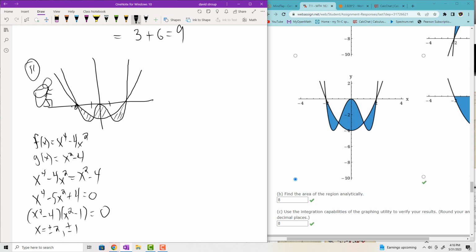Okay, so brute force, you can integrate from -2 to -1, and the top curve in there is the parabola. Let me just put g of x, and then the bottom curve is the quartic, I believe. And then you need another integral going from -1 to 1, and the top curve in that little region is the quartic.